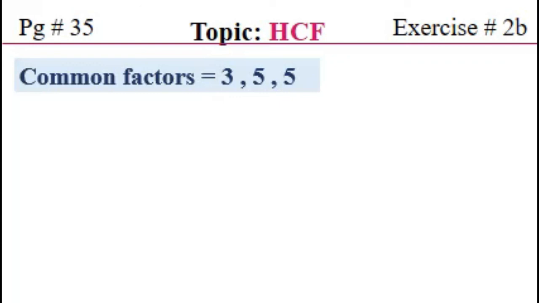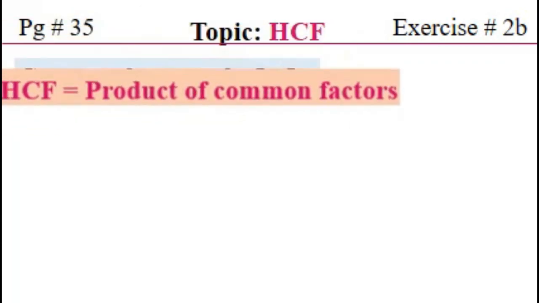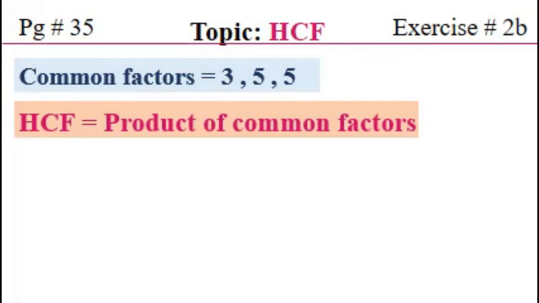Now we can simply move to the third step of finding HCF by the prime factorization method. The third step was that we are supposed to take the product of common factors to get the HCF. So HCF is equal to the product of common factors. HCF is equal to 3 multiplied by 5 multiplied by 5.